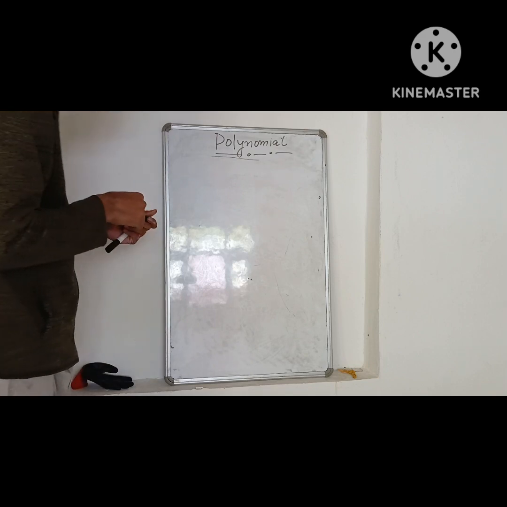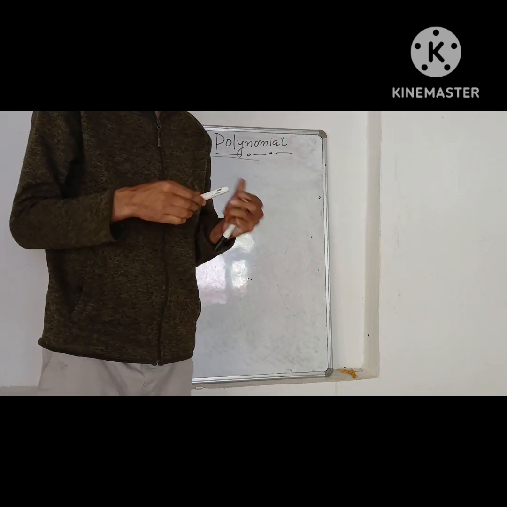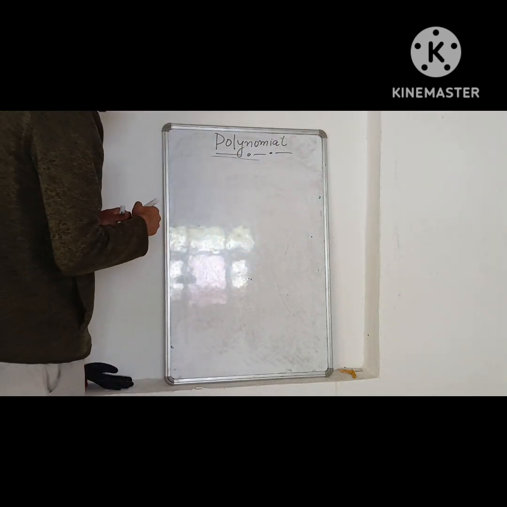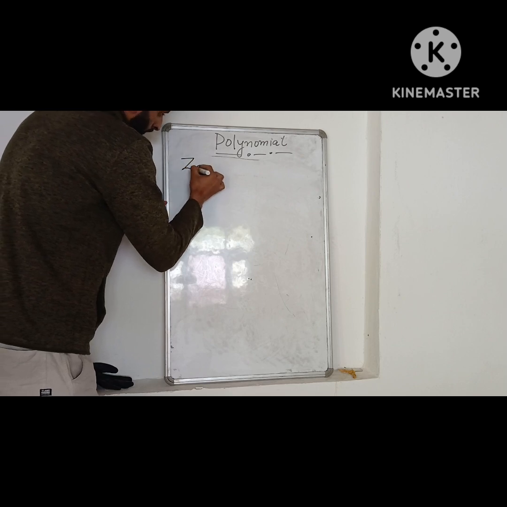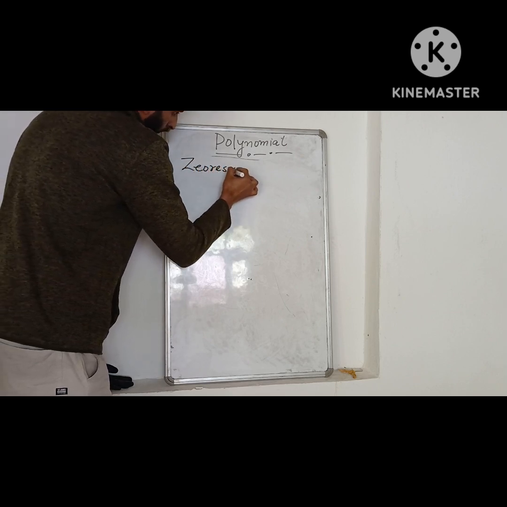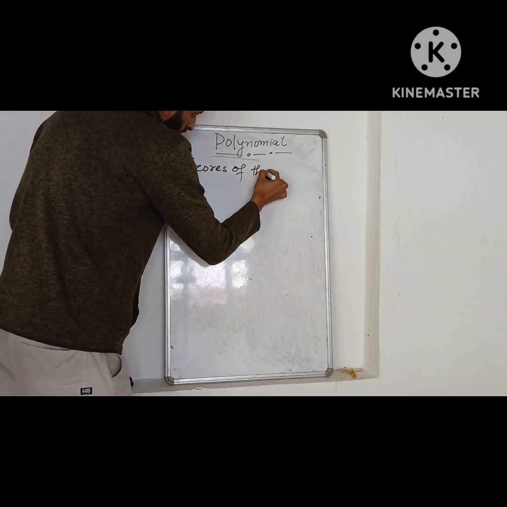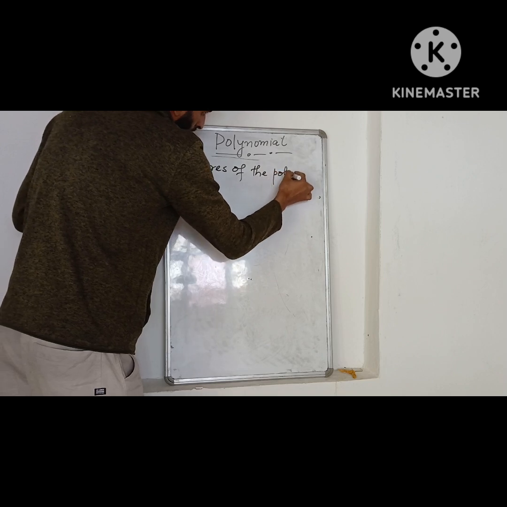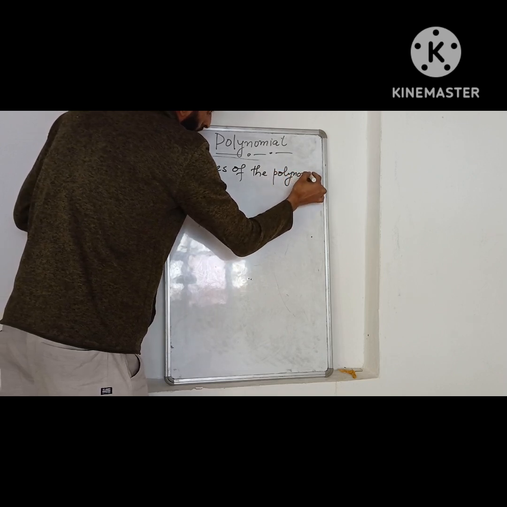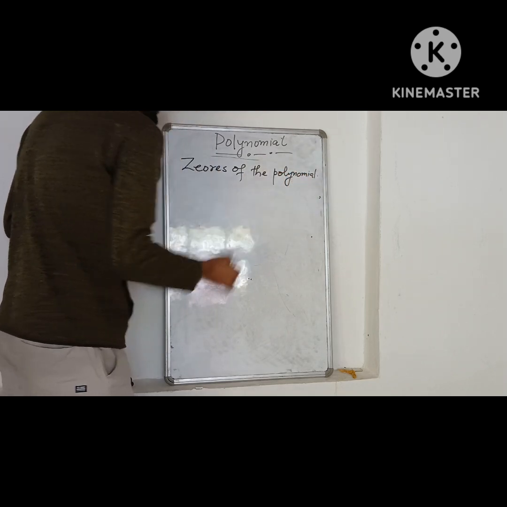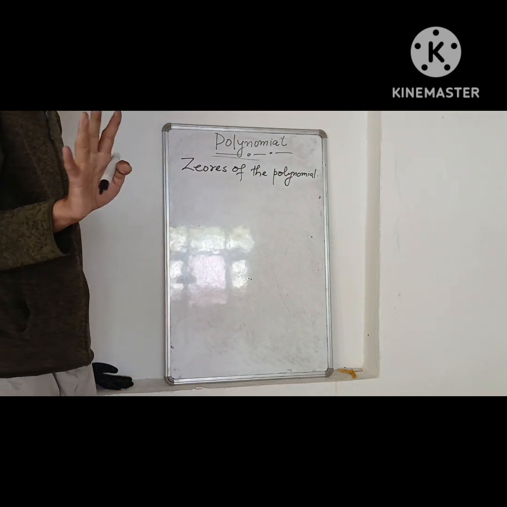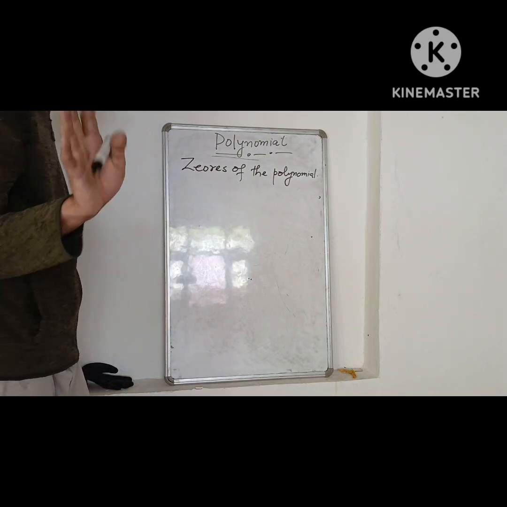Now we have to discuss the zeros of the polynomial. Say I am taking an example, by that you will understand the zeros of the polynomial.